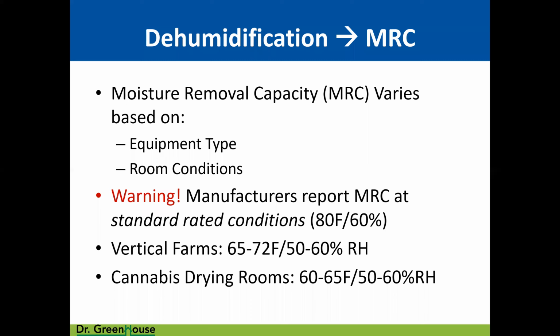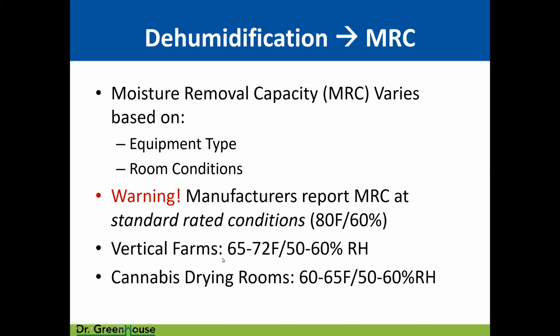And these standard rated conditions are 80 degrees and 60%. So anytime you Google a dehumidification piece of equipment, or you ask for a cut sheet from a manufacturer and it says we remove 205 pints per day, that number is based on these conditions, 80-60. But I don't know anyone who is growing or targeting these conditions.